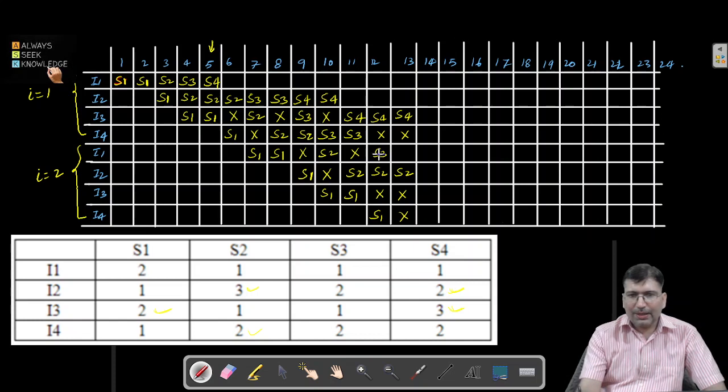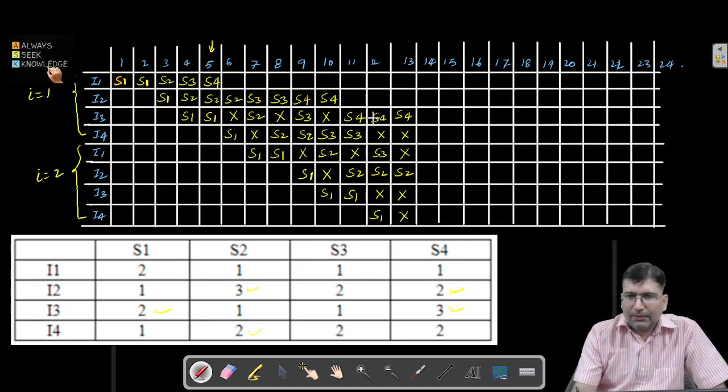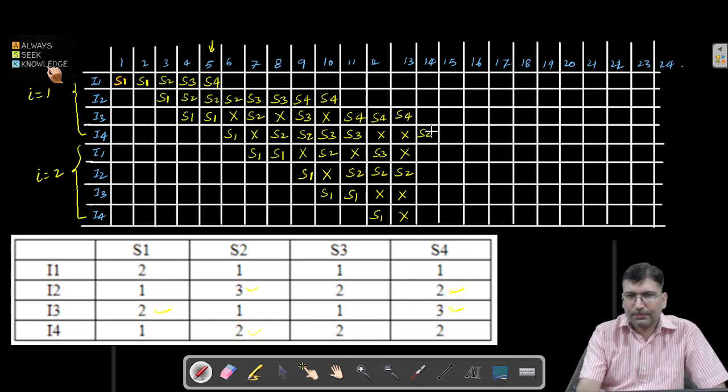Here I1 in S3 requires 1 machine cycle, but it cannot shift to S4, right? Now after these 3 cycles, S4 will be ended. After that I3 will be ended, and this I4 will be shifted from S3 to S4.